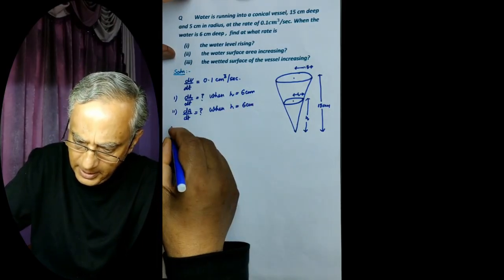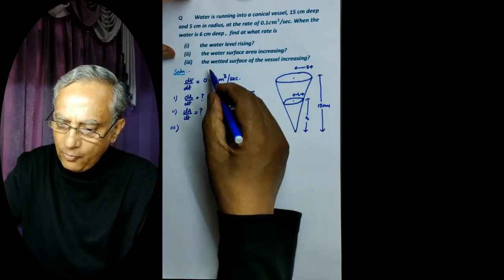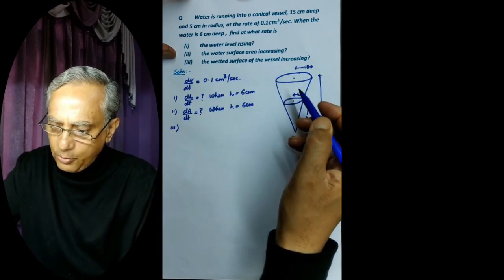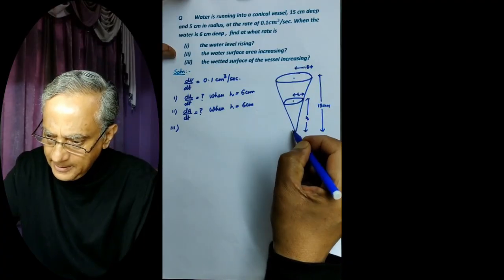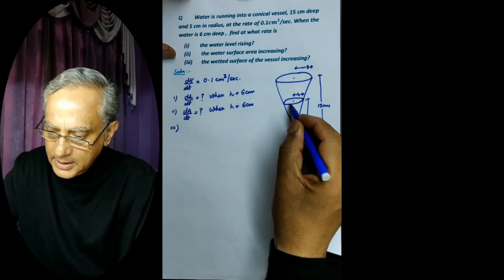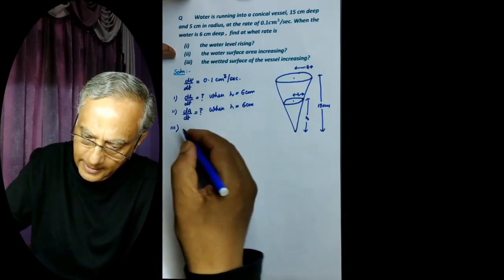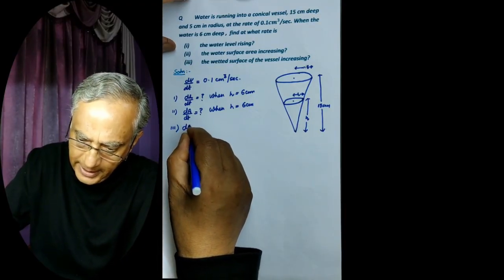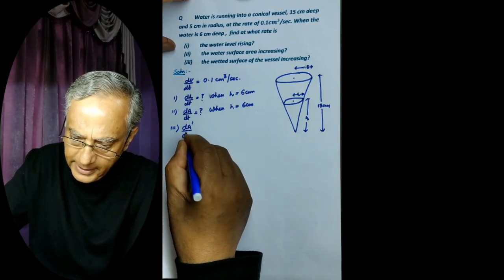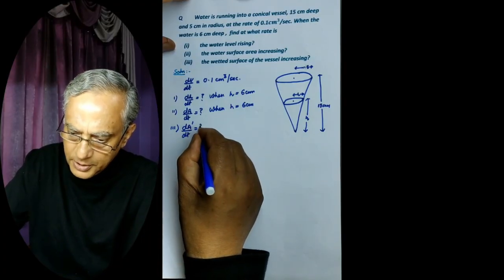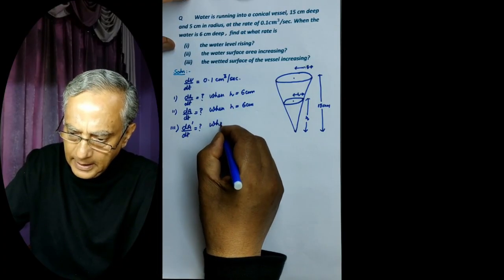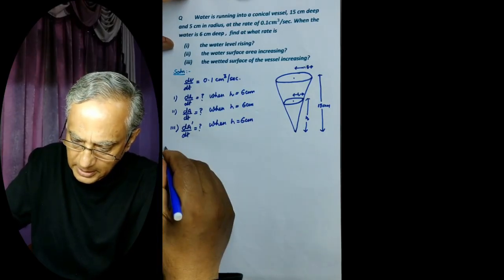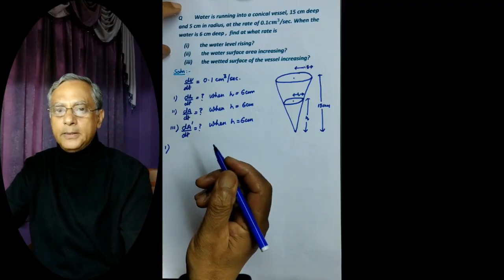And in the third part we have to find the rate at which the wetted surface area of the vessel is increasing. Wetted surface area is this. Let this be called A dash. dA dash by dt is equal to question mark when h is equal to 6 centimeters. Now I start with the first part.